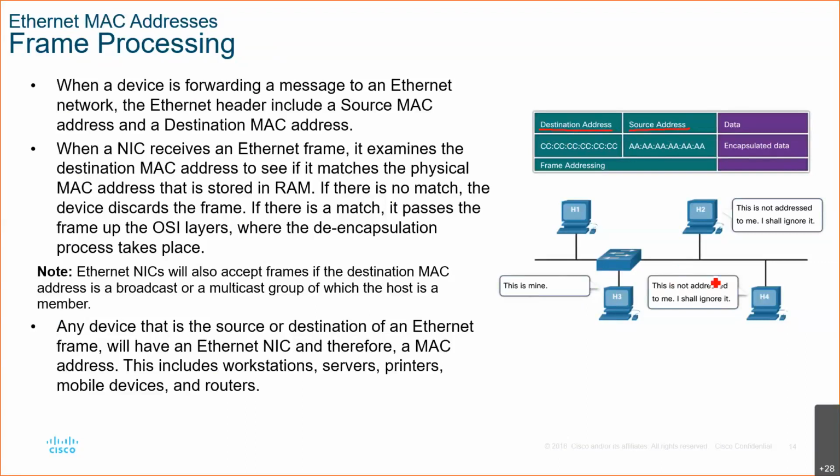When this frame is traveling in the network, when it comes across every NIC, the NIC will check the MAC address and see whether it matches its own MAC address. If there is no match, it won't accept it. And if there is a match, it will accept it.